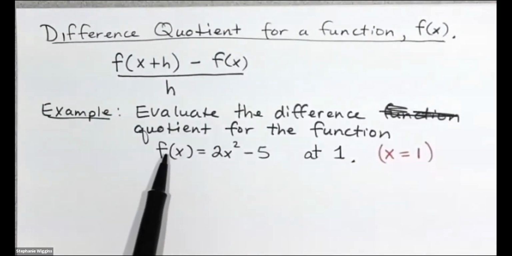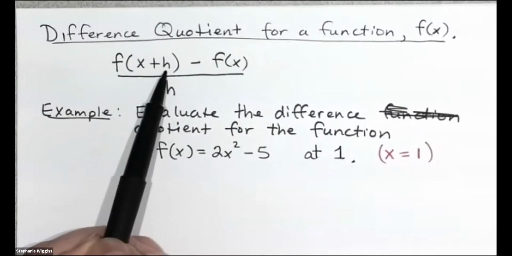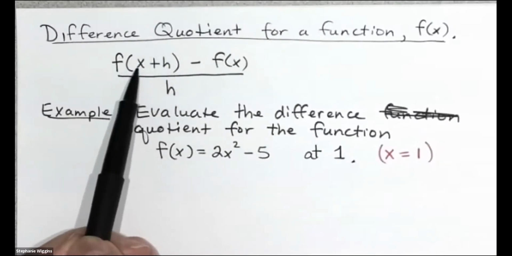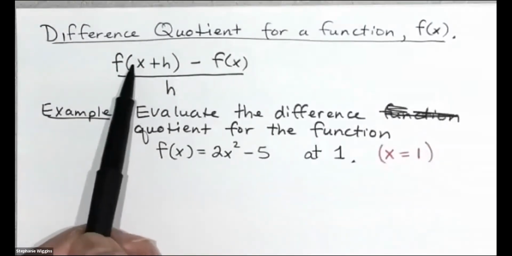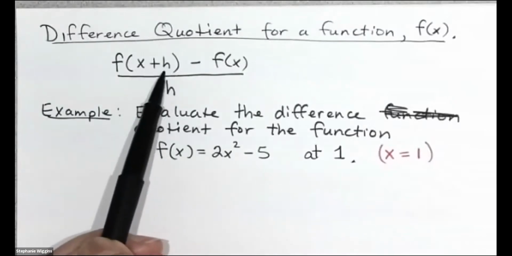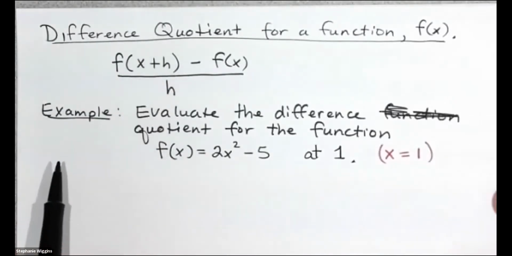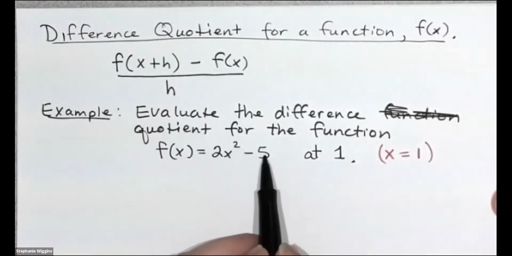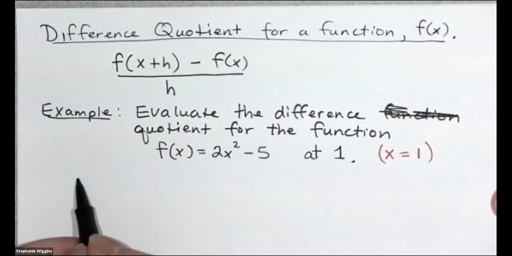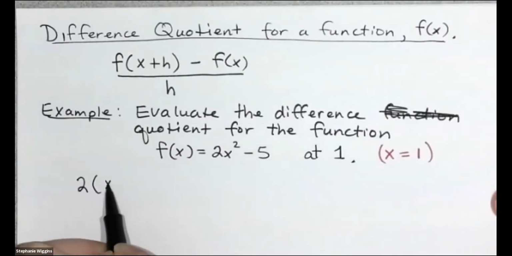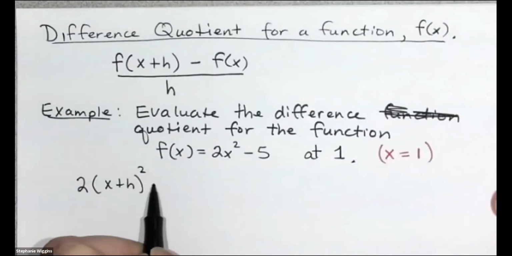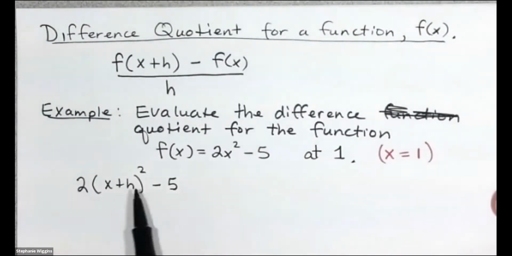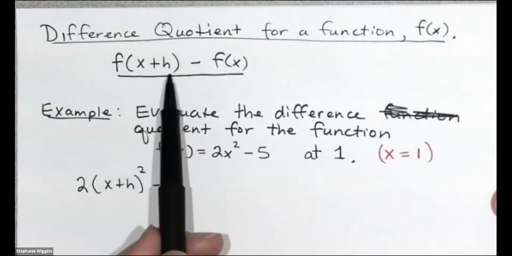So basically what we're going to do is take our input, in this case x plus h, and replace x with x plus h. So here we have 2x squared minus 5, now we're going to have 2 times (x plus h) squared minus 5. Okay, that's this first piece right here.